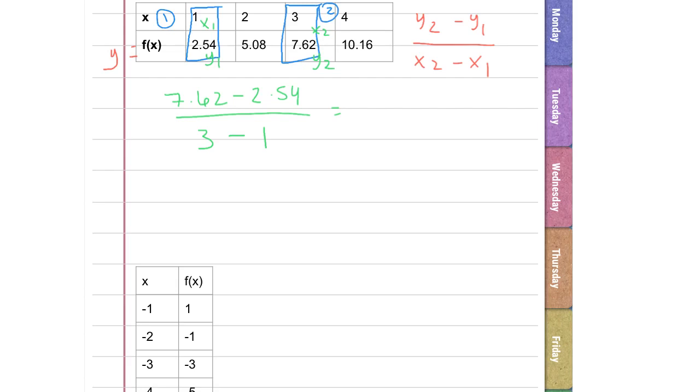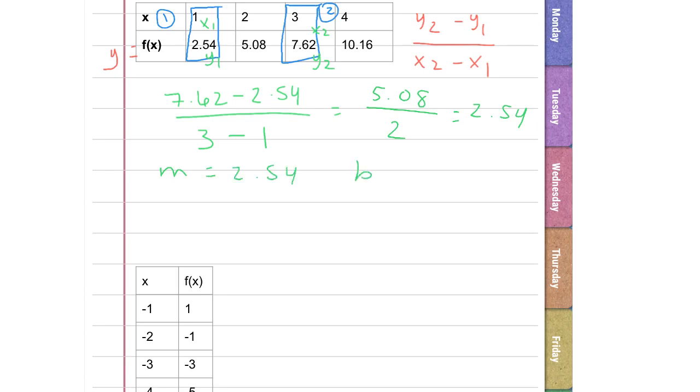So 7.62 minus 2.54 is going to be 5.08 over 3 minus 1, which is just going to be 2. And whenever you divide 5.08 by 2, you get 2.54. So we found that m is equal to 2.54.